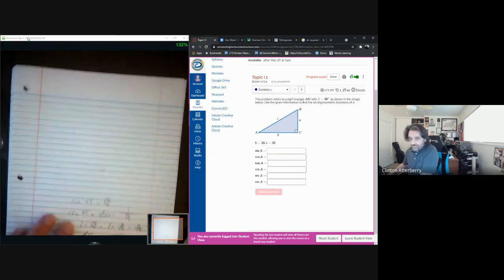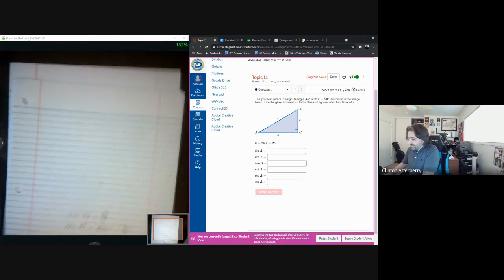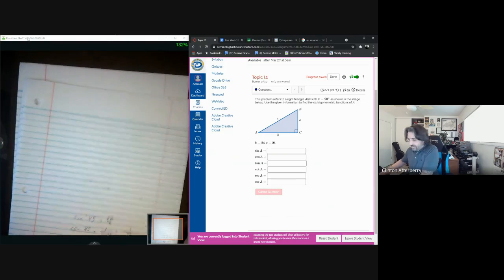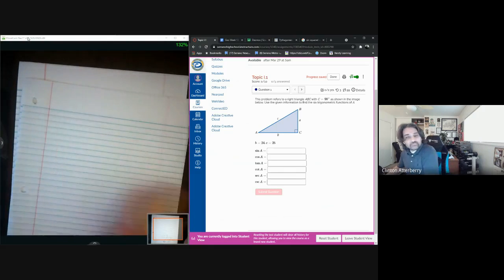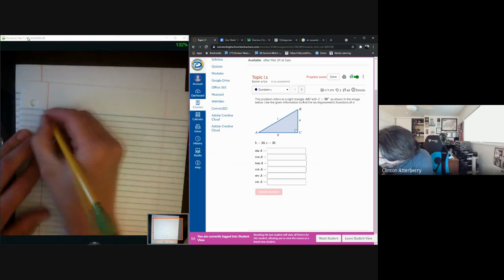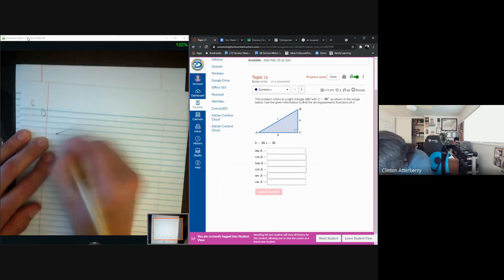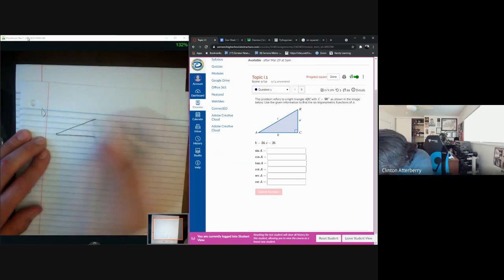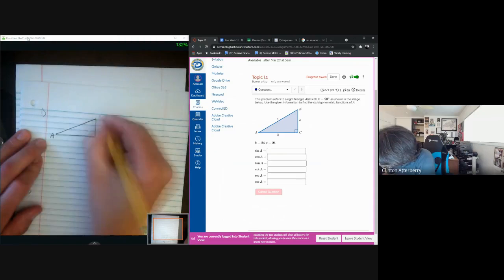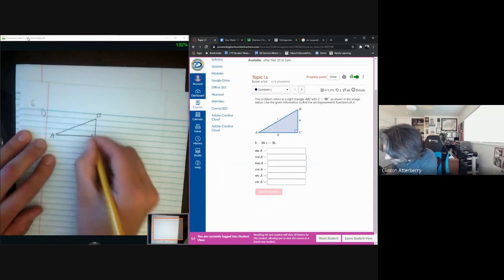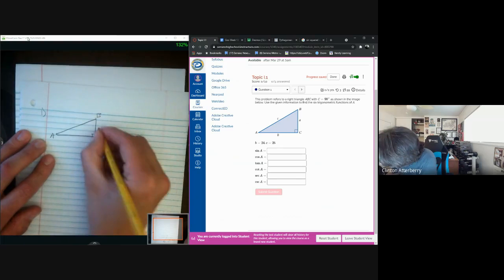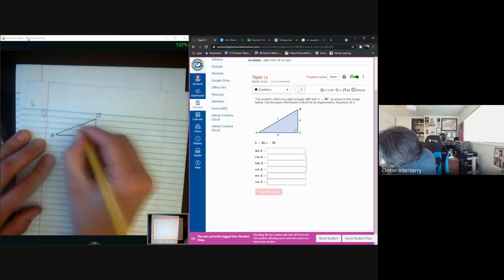I like to draw it out, and then figure out my missing pieces. So this is my number 1, and it looks something like this. They don't necessarily give you the exact looking triangle. They just give you a generic triangle, and they say A is over here, B is over here, and C is over here.